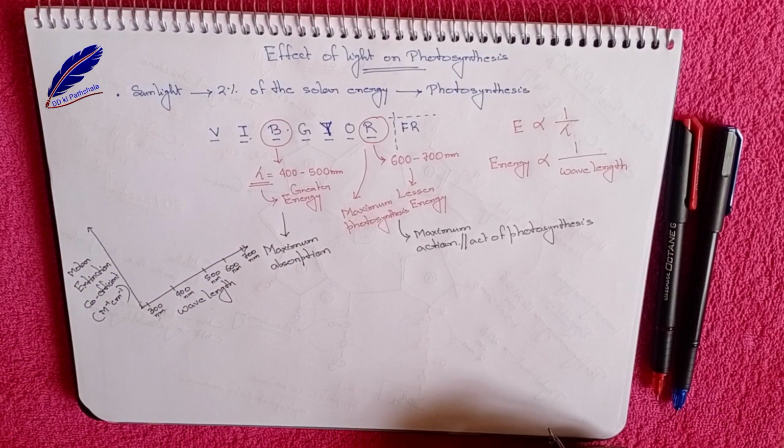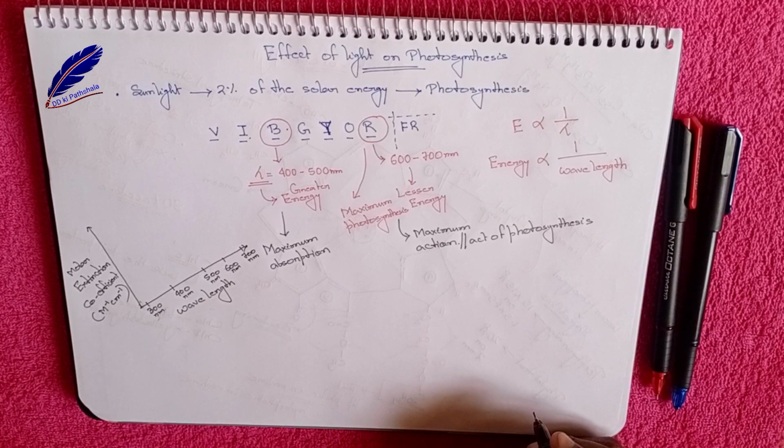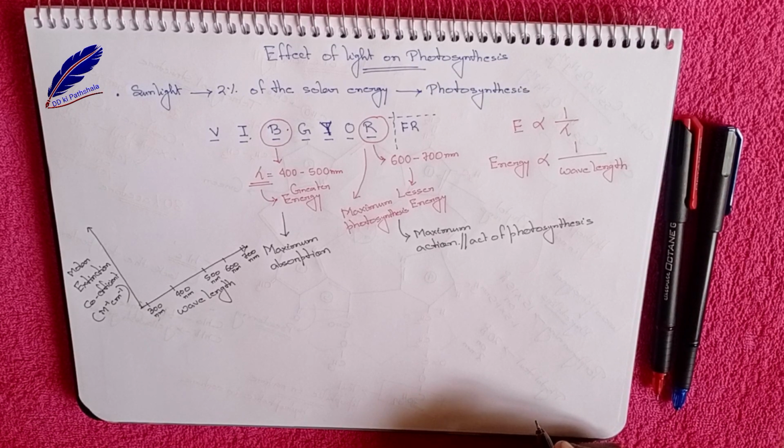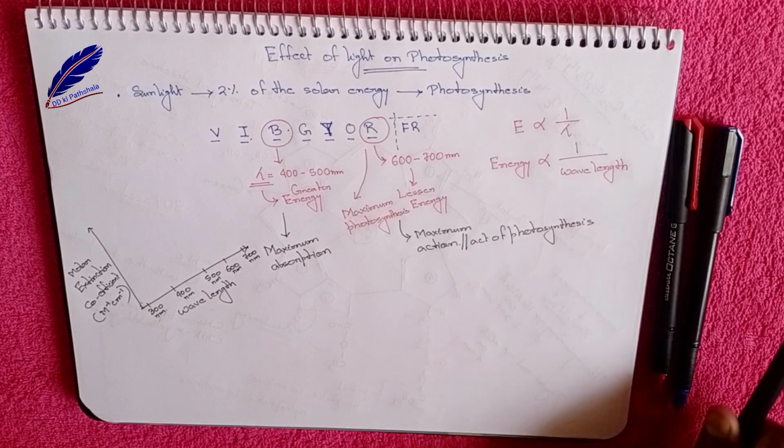Because when we measure the rate of photosynthesis, we measure it using a spectrophotometer, and when we measure something using a spectrophotometer, the concept of extinction coefficient naturally comes.